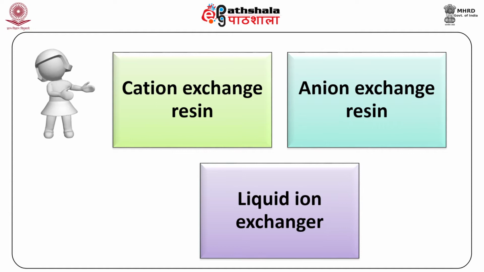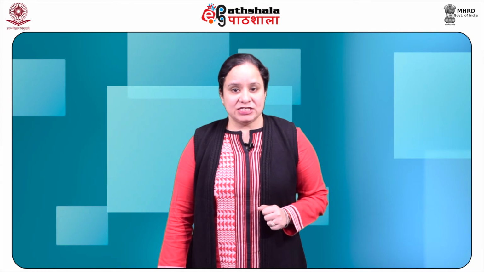Cation exchange resin, an ion exchange resin or a liquid ion exchanger can be used to carry out these experiments. The ion exchanger used in the experiments should be a strong cation or a strong anion exchanger. If a liquid ion exchanger is used instead of an ion exchange resin, the pH should be kept constant throughout the series of the experiment.